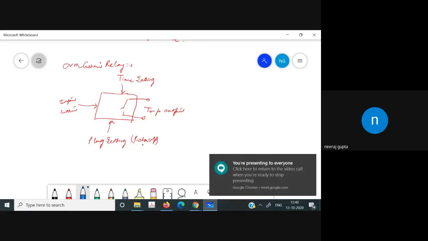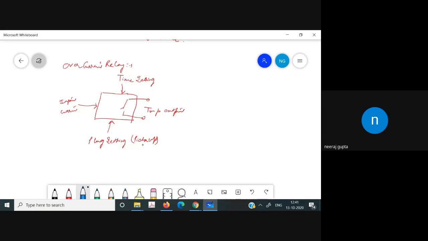Now, it has the single input. This overcurrent relay has the single input in the form of the AC current, and the output of the relay is a normally open contact.